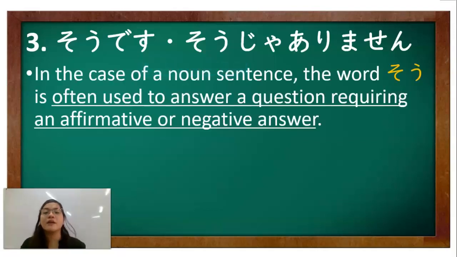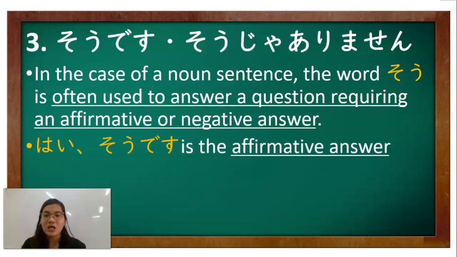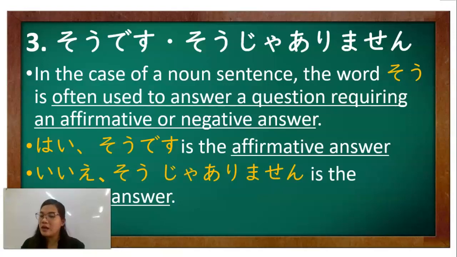In the case of a noun sentence, the word so is often used to answer a question requiring an affirmative or negative answer. Okay? So for example, hai, so desu is the affirmative answer. Next, iie, so ja arimasen is the negative answer.